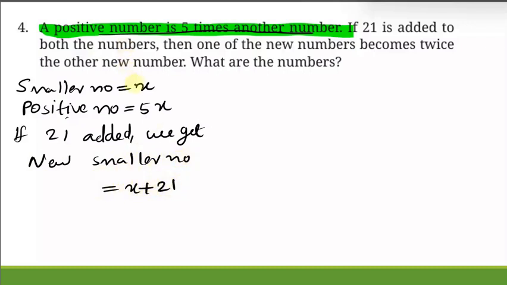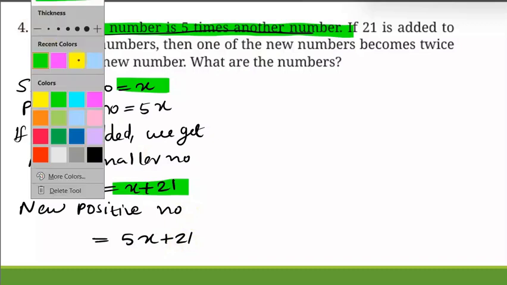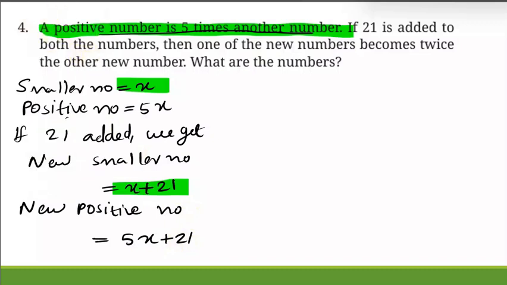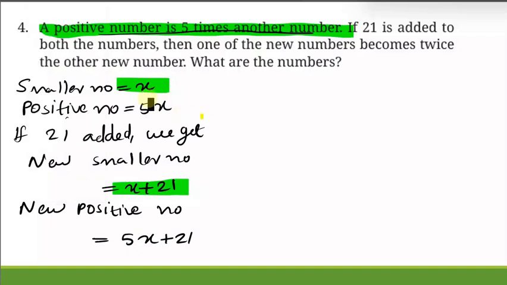Now the next case, the new positive number becomes 5x plus 21. Is that clear? Why 5x plus 21? Because it is already given that the other positive number is 5 times the first number. So if we take it as 5x and add 21, it becomes 5x plus 21.